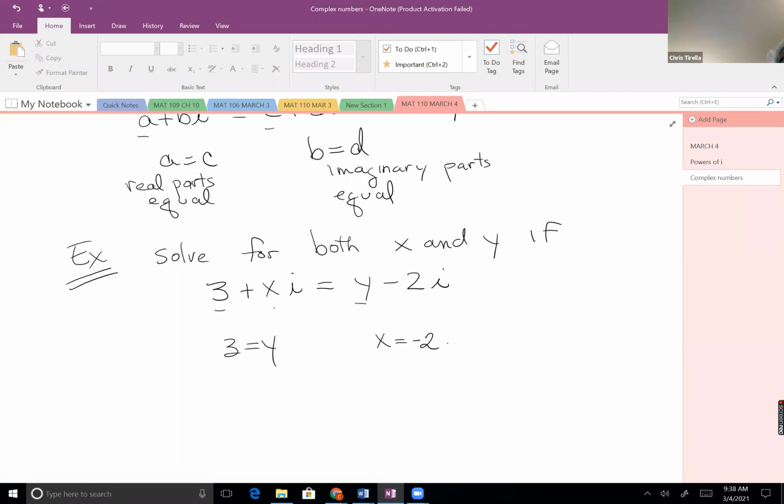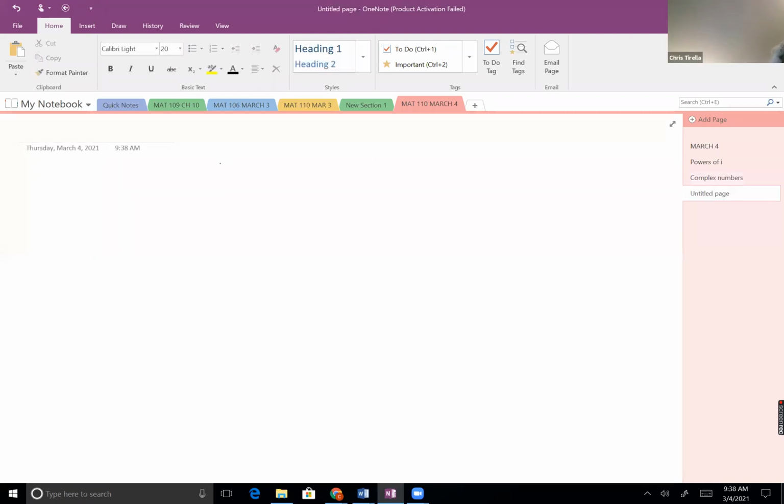If so, then the rest of today, we're going to start looking at operations on complex numbers. And by operations, I mean things like adding, subtracting, multiplying, dividing, and raising to a power.